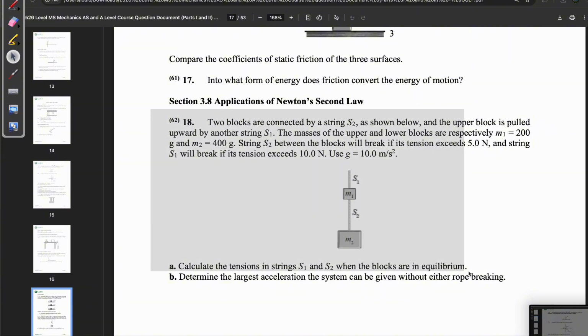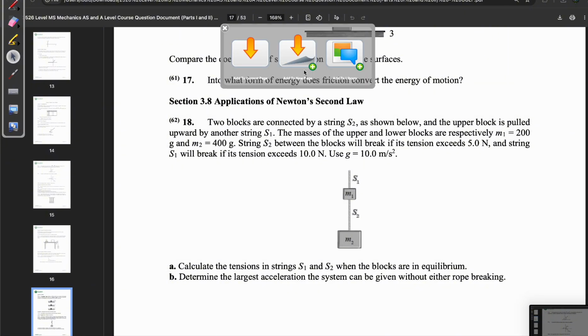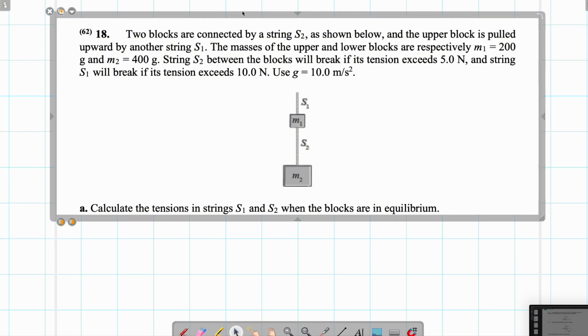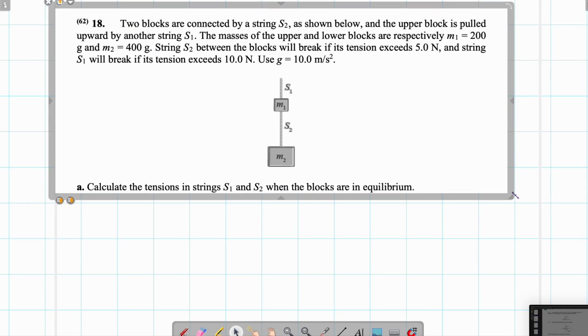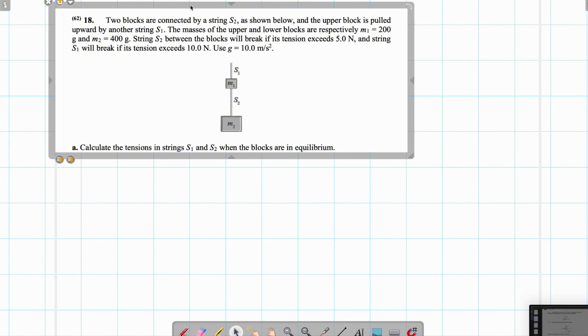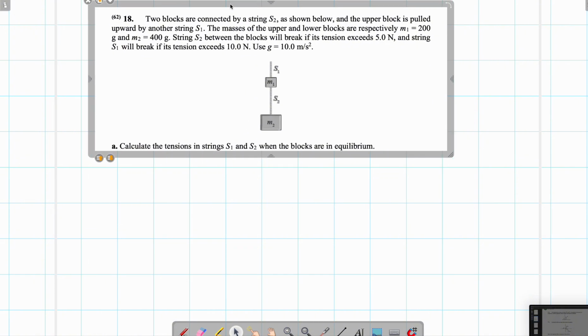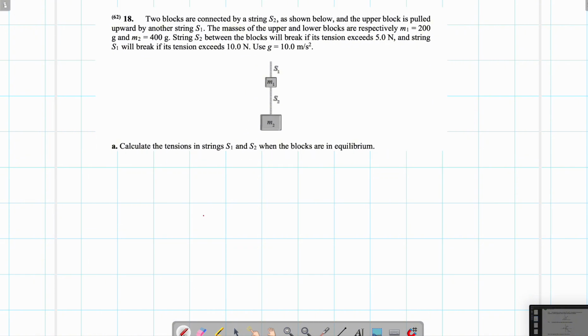First, let's do part A, since part B will take me another hour. Anyway, let's start with the free body diagram of M1. Here we have tension up, T1 to be specific.